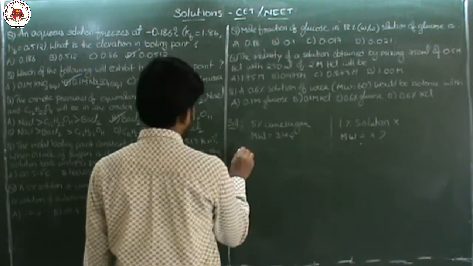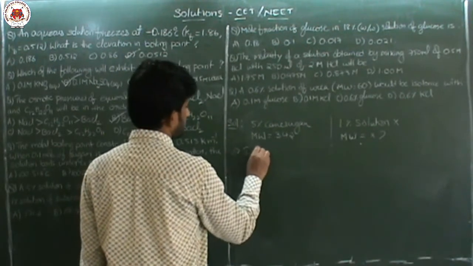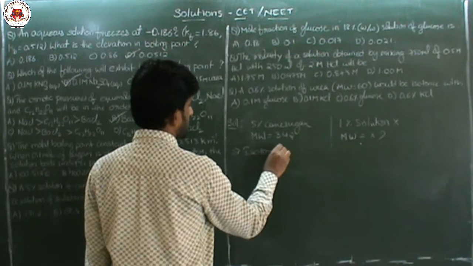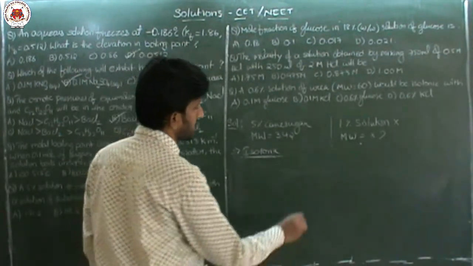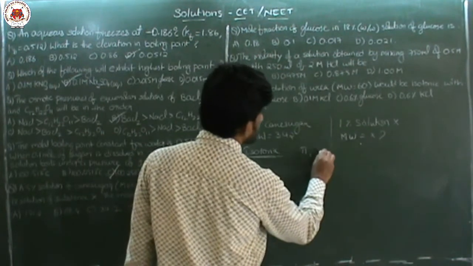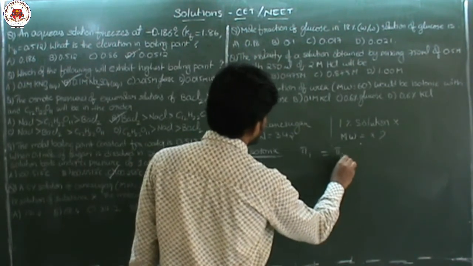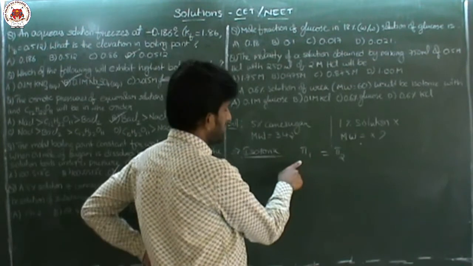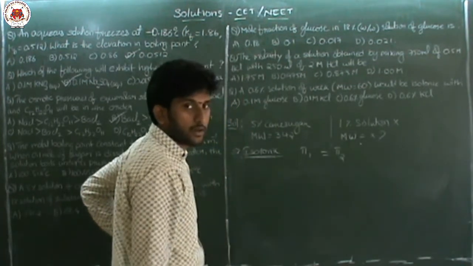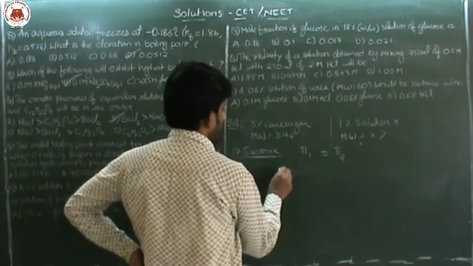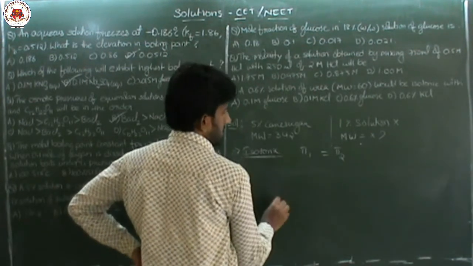The condition is that these two solutions are isotonic. What is the condition for isotonic? Pi 1 must be equal to pi 2, meaning the cane sugar solution's osmotic pressure must be equal to the X solution's.